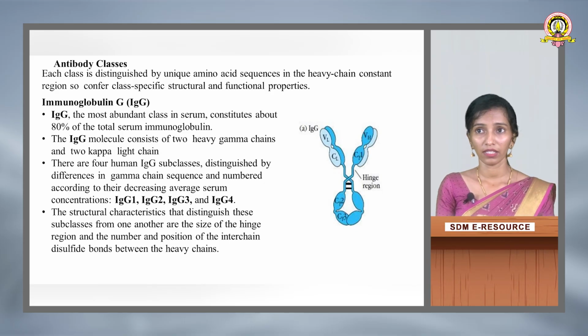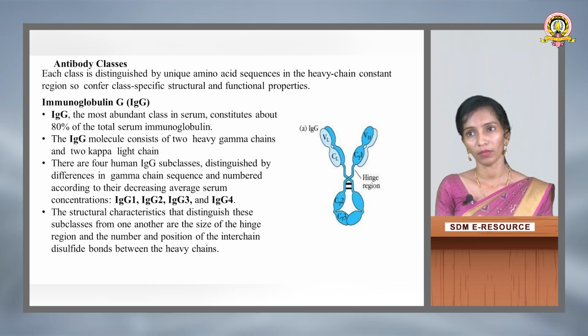Each class is distinguished by unique amino acid sequences in the heavy chain constant region, which confer class specific structural and functional properties. The very first class of antibody is immunoglobulin G, also called IgG. IgG is the most abundant class in serum, constituting about 80% of total serum immunoglobulin.